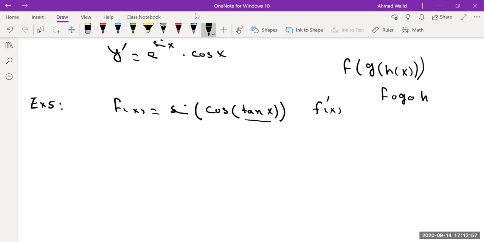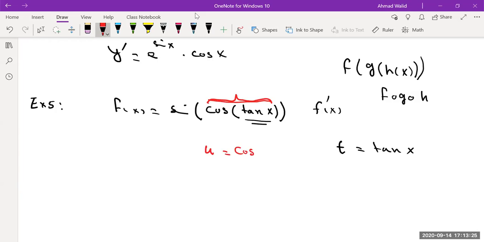I'll start from inside. I'll name it, for example, t. T will be tan x, correct? Then outside, if I show it with the red color, this part, from here to here, I'll name it u.